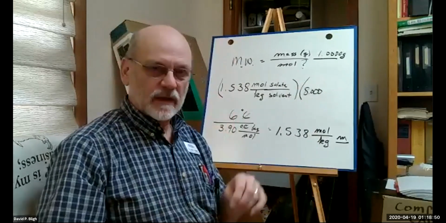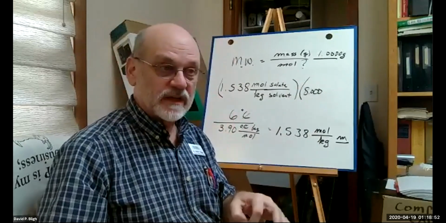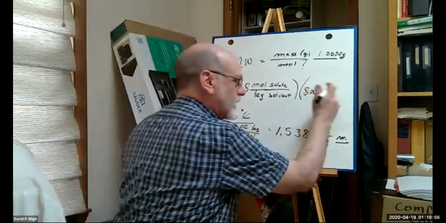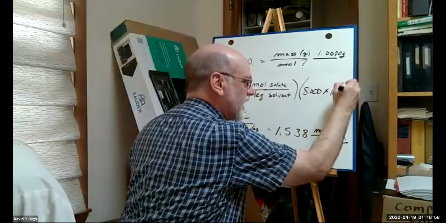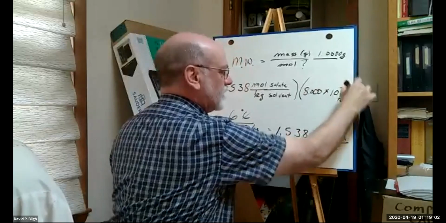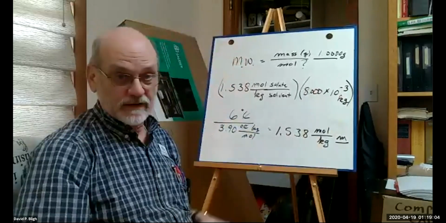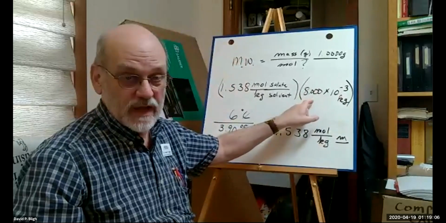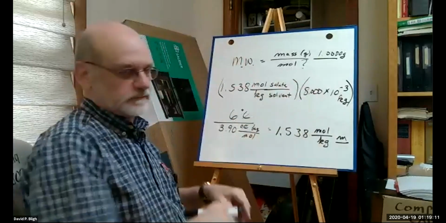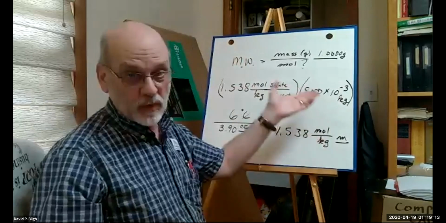So that means every gram is actually 1,000th of a kilogram. So grams times 10 to the minus third is kilograms. Don't forget that conversion when you do your calculation, or you'll get a horribly wrong answer. You'll be off by 3 orders of magnitude.